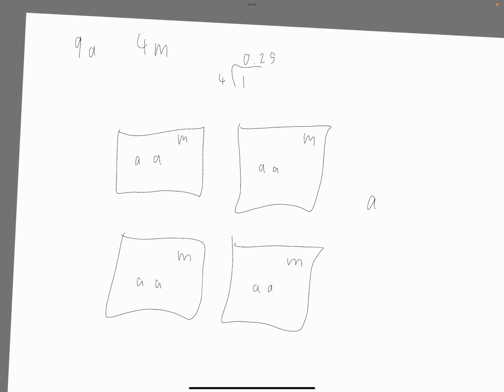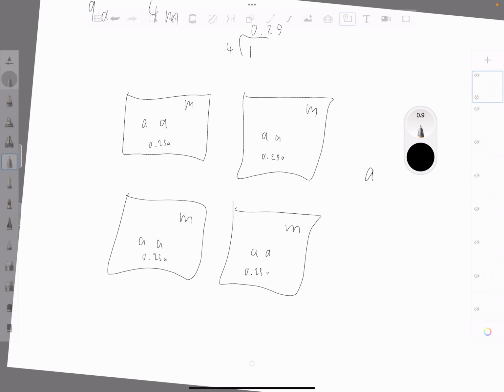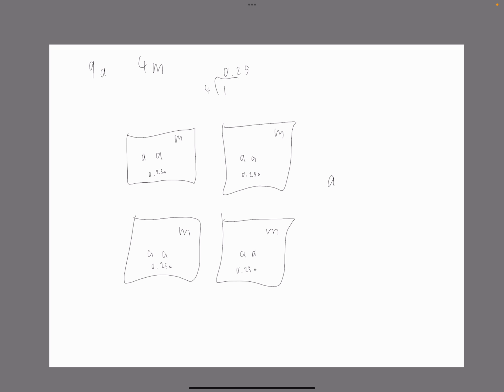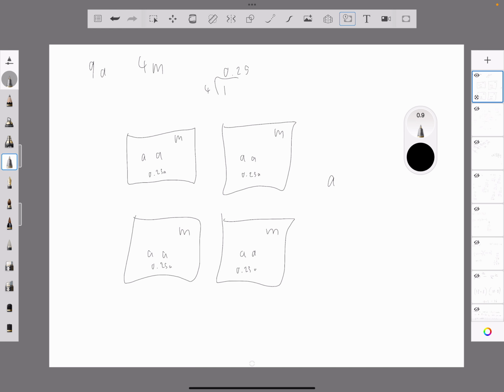Okay, so that's 0.25a, 0.25a, 0.25a, 0.25a like that. Does that work? I think it does. And now that's one way. I think this is not the right method.